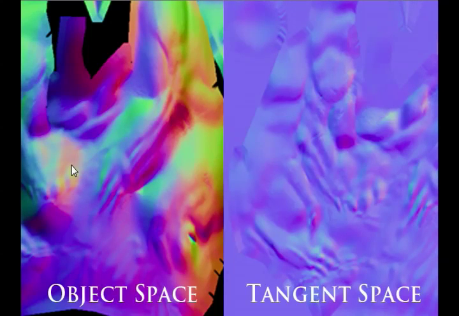So if you're building buildings, doors, because it's not deforming, it's just rotating, or vehicles, object space renders a little faster. Tangent space is great because it maps the angle based off of the original normal angle of the polygon. So most of it will end up either blue or purple in color, but it is great for characters because it can deform and move along with the character's mesh.